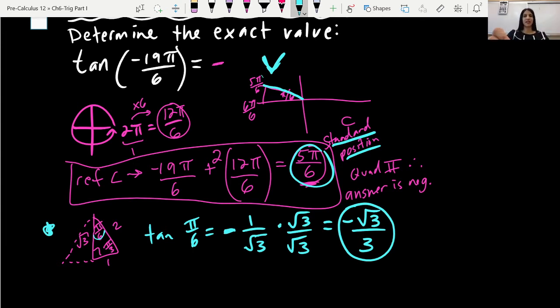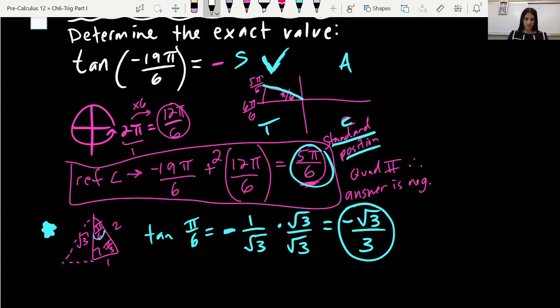So I personally find it easier to use this to figure out if the answer is going to be positive or negative using the All Students Take Calculus approach. And then once I know that, I like to draw out my special triangle this way to really get a clear sense of what the ratio would be. Okay, so I hope that is helpful.